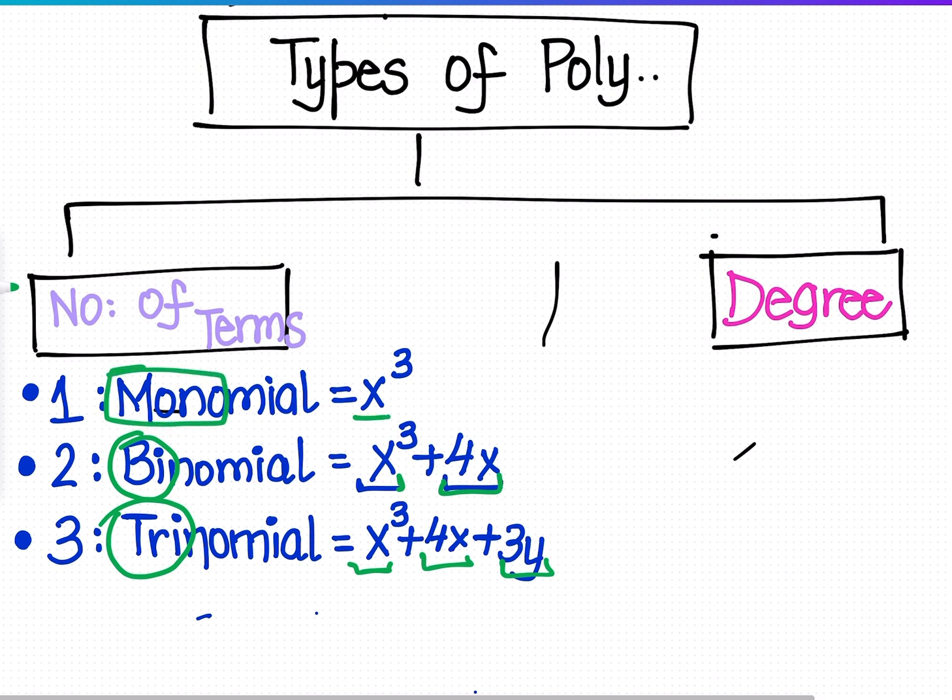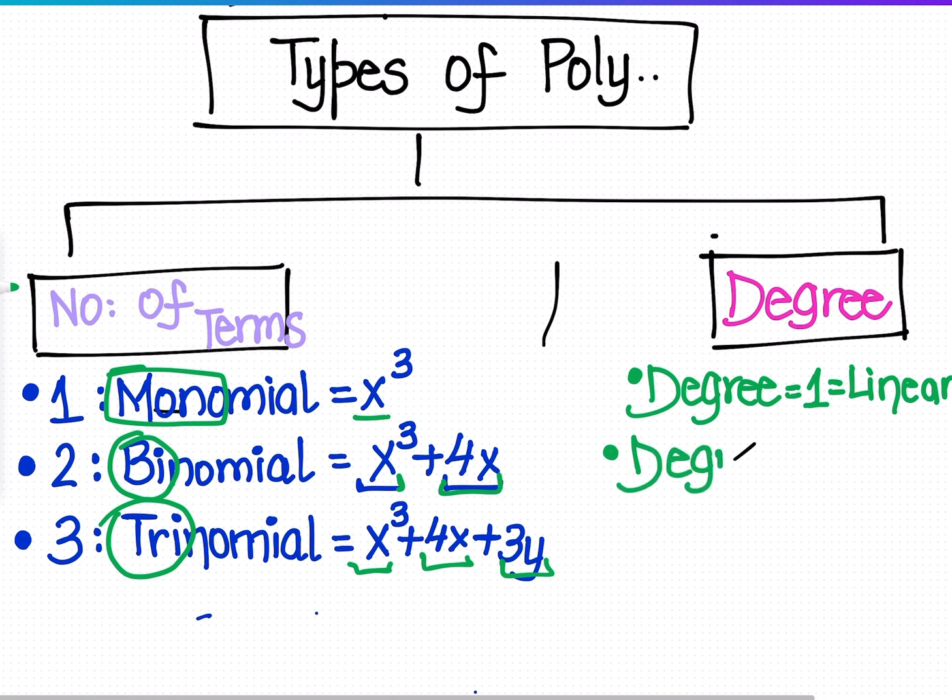Now, let us take a look at how they are classified by degree. When the polynomial has degree 1, they are called linear polynomials. It is similar to linear equations that we did when we were doing graphing. Basically linear, linear, makes a line.